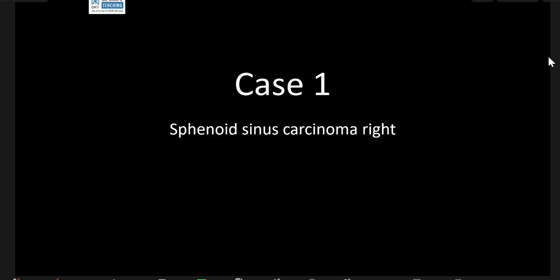In base of skull and paranasal sinuses, coronal at times is the best sequence, but nobody is stopping the examiners from opening a case like this, and you have to work out where is the nasopharynx, where is the sphenoid sinus, where is what on an axial. So don't think that they will show you a sagittal, particularly initially.